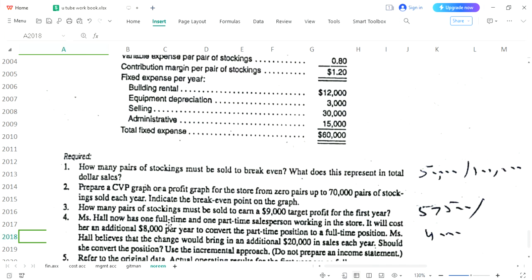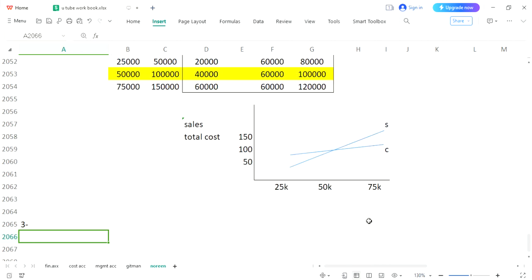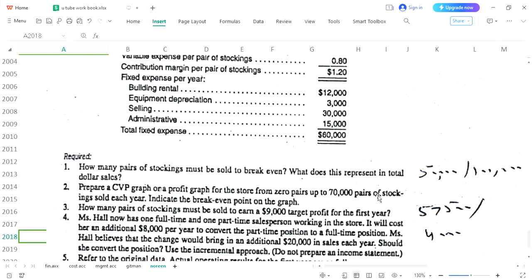How many pairs of stockings must be sold to earn 9,000 profit for the first year? So we will use our target profit formula. What we need is to see whether units or sales are demanded. How many pairs? It means units.